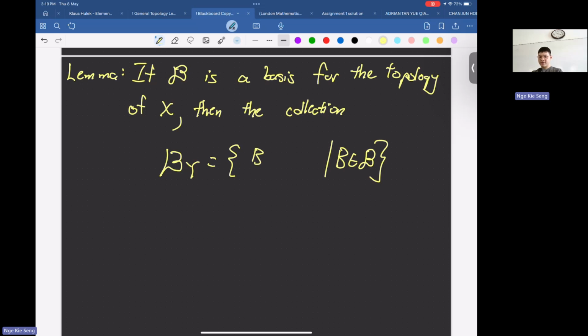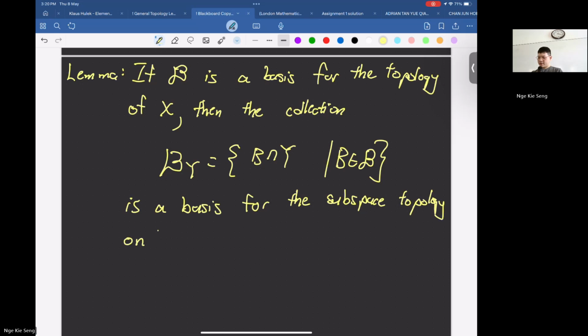The claim is this is a basis for the subspace topology. I'll leave you to prove this yourself.